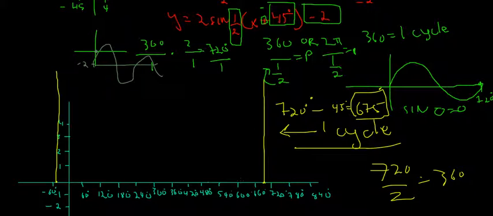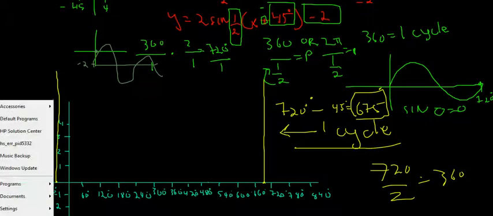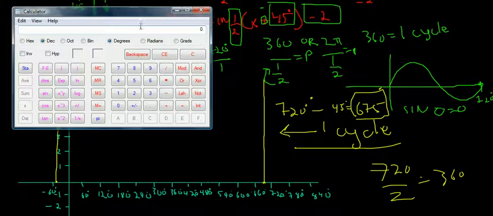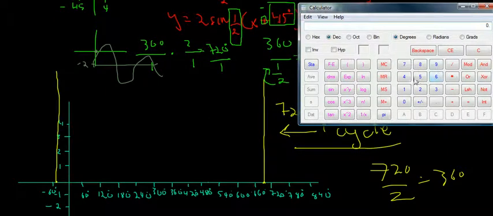So what's 45 plus 675, which is 720, divided by 2 should give you 360, right? But you only have 675 right now. So what's 675 divided by 2?